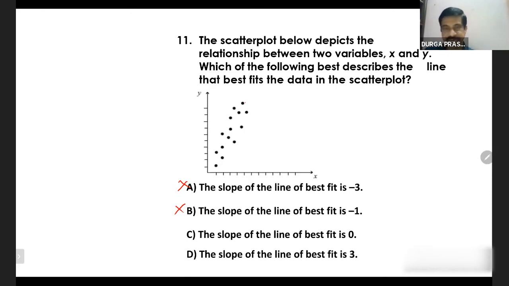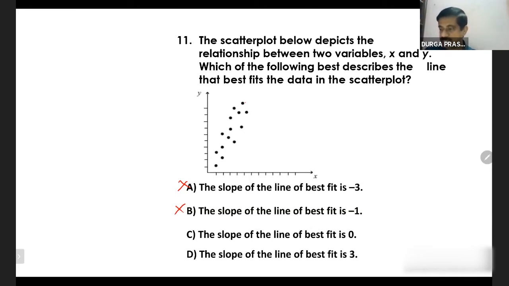It is all upward trend only. As you move from left to right, the movement is upward, meaning increasing. Y values are increasing as you move from left to right on X. So this is positive. So these two are ruled out.